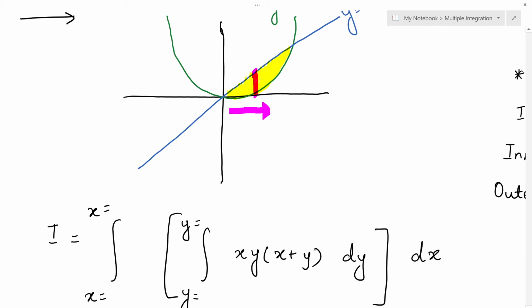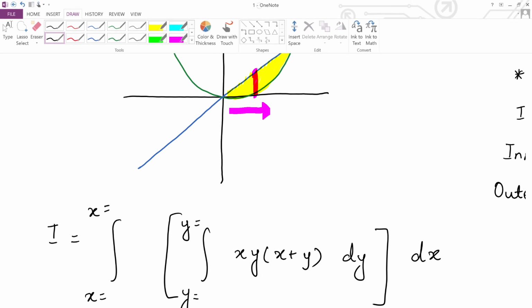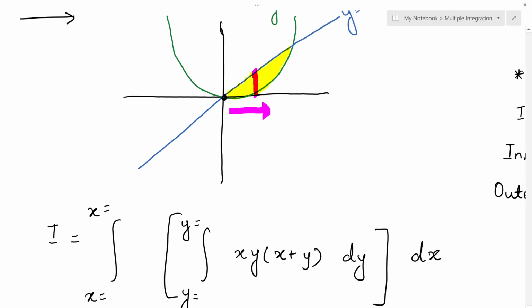Now what are your inner limits? That you will find out. The very first thing you need to find out is this point and this point, the first and the last boundary points, because the strip will travel from left to right. You need to find these 2 points as we did in the earlier sum.